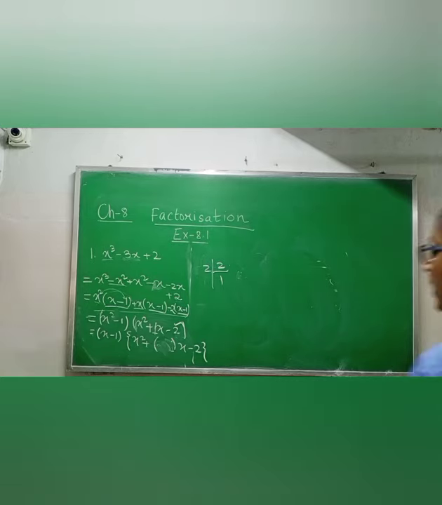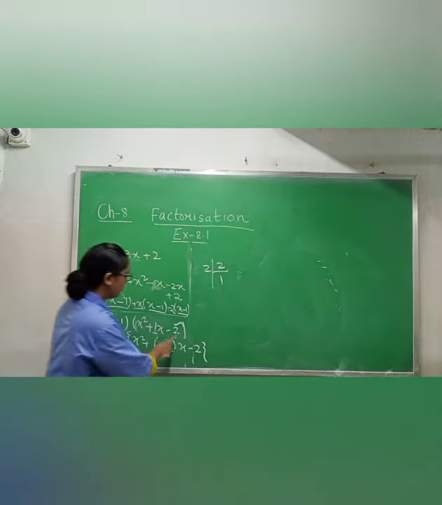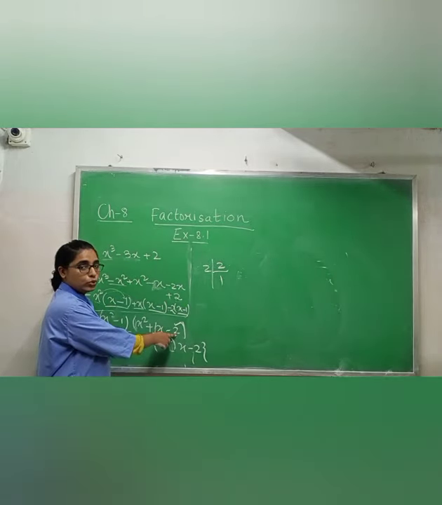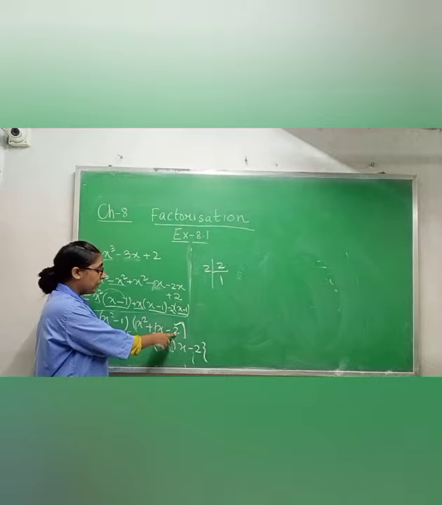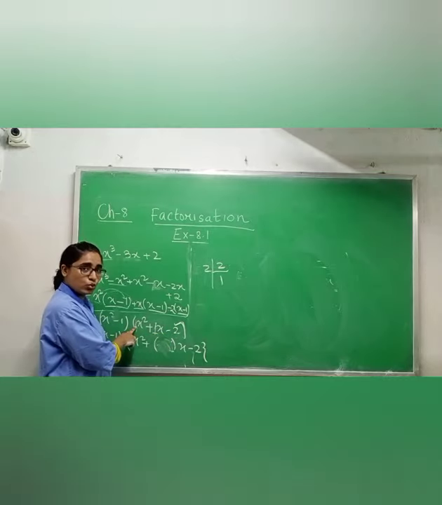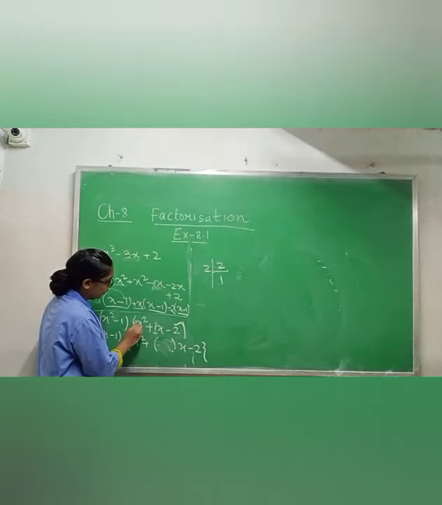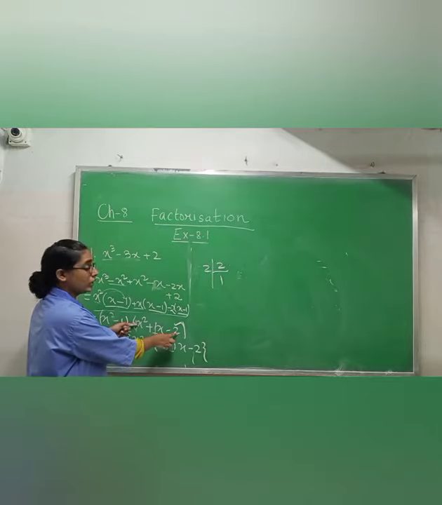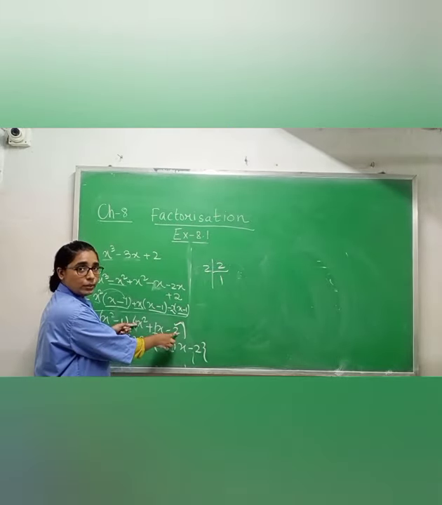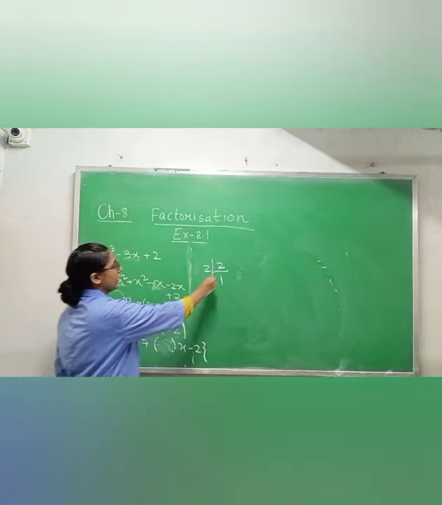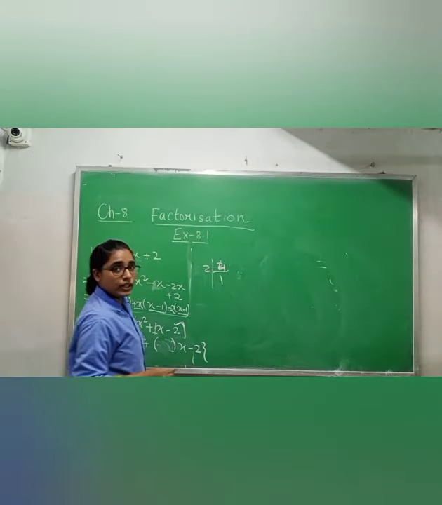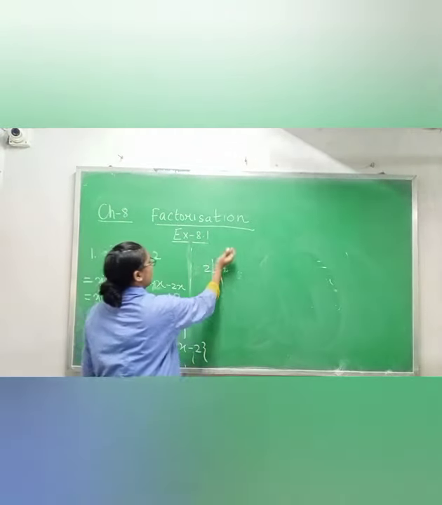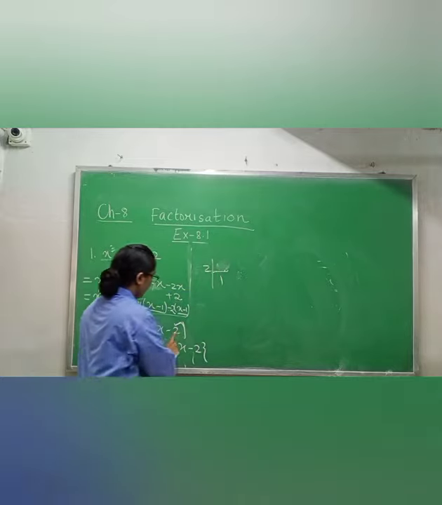And now, class 9, see how to do middle term factorization. If you have any number here, you have to take LCM of this one. But if you have any number with x square also, suppose that I have 2 here, first I have to multiply 2 into 2. So it is coming 4. Then we can take LCM of 4. If it is not possible, then I will take the LCM of only this number.